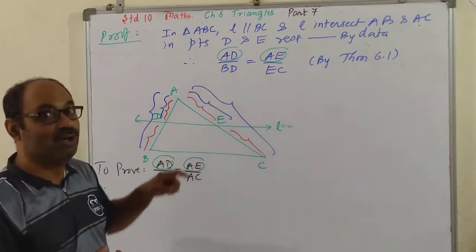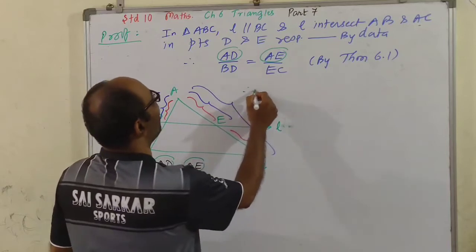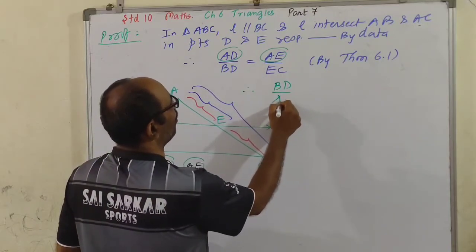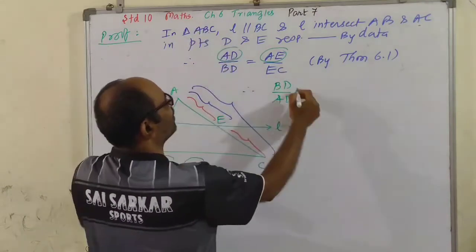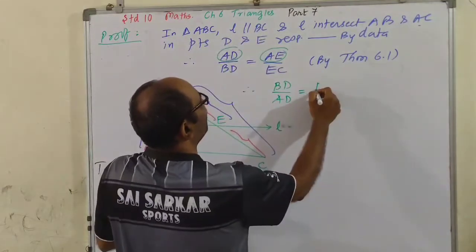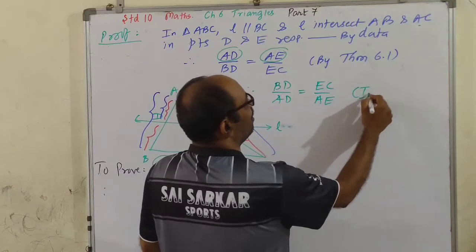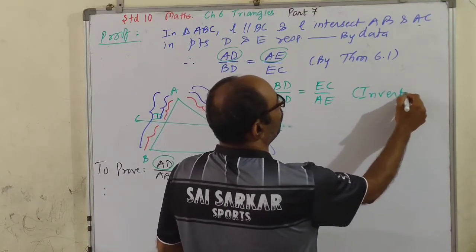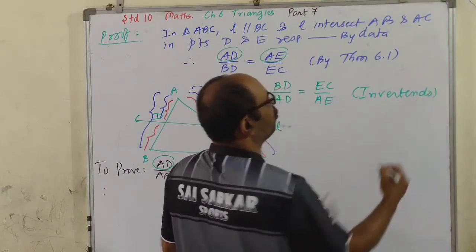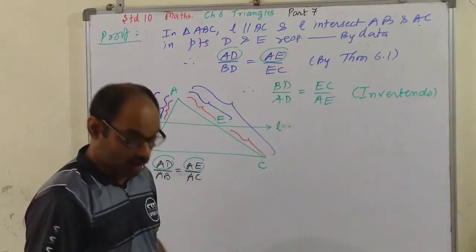So first I use invertendo. Therefore, BD upon AD, inverse of this, is equal to inverse of this, EC upon AE. How did you get this? Invertendo. We won't write the law of proportion, we'll write invertendo.